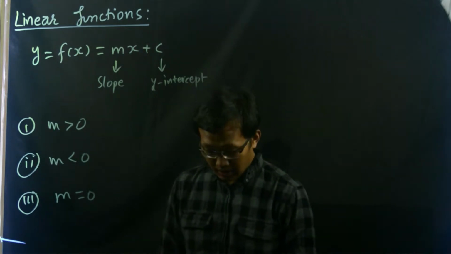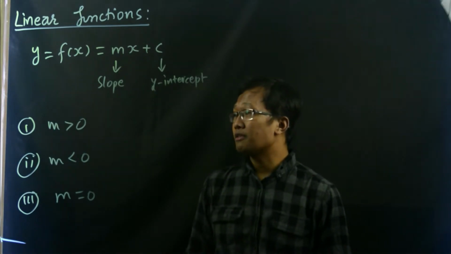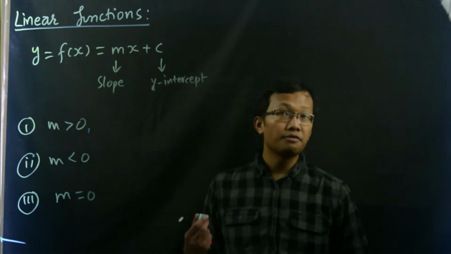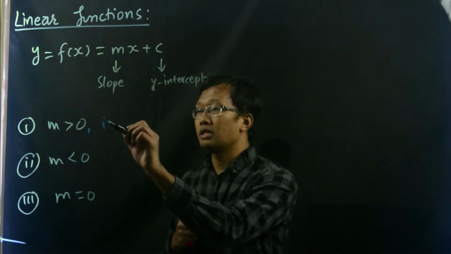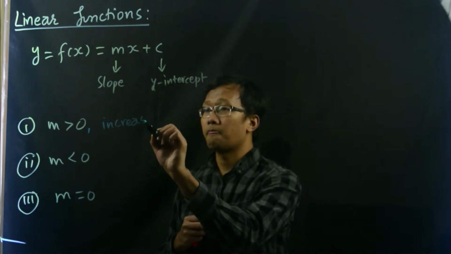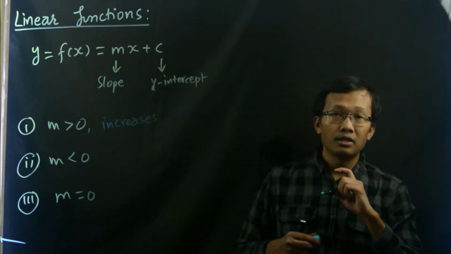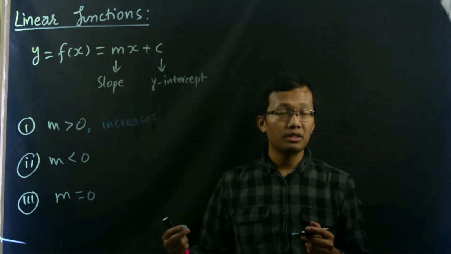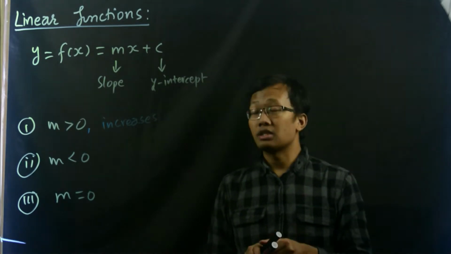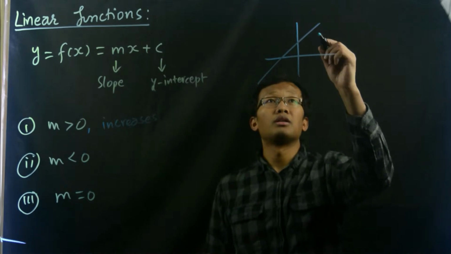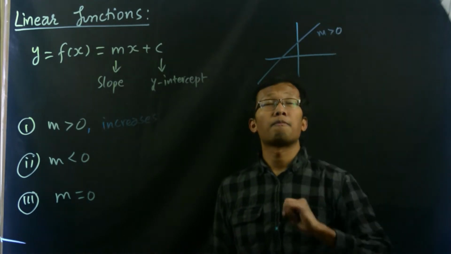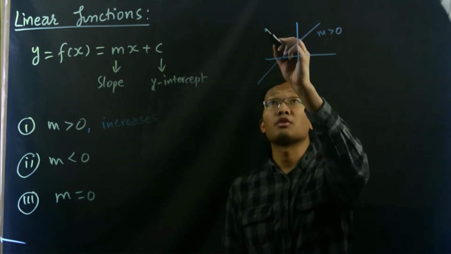In the first case, the straight line increases from left hand side to right, so this linear function is an increasing one. Its graph would be something just like this, for m greater than 0.